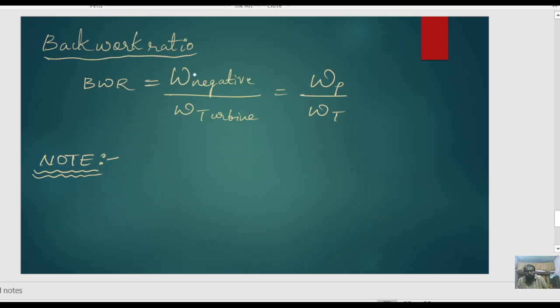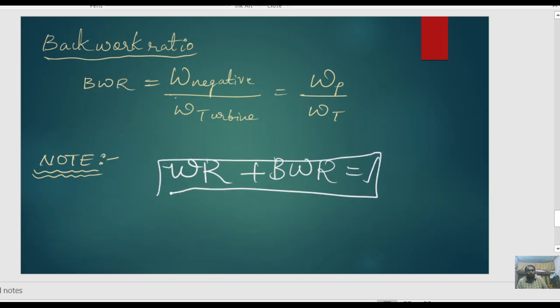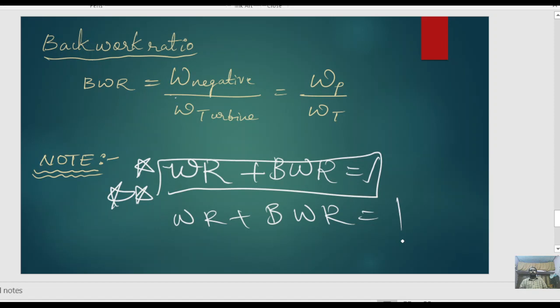This is the formula for back work ratio: pump work divided by turbine work. There is a note: work ratio plus back work ratio is always equal to 1. Note this down, it is very important. This might be asked in a multiple choice question: work ratio plus back work ratio is always equal to 1.